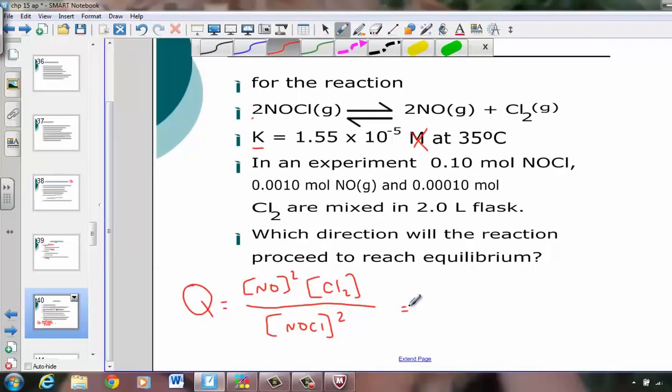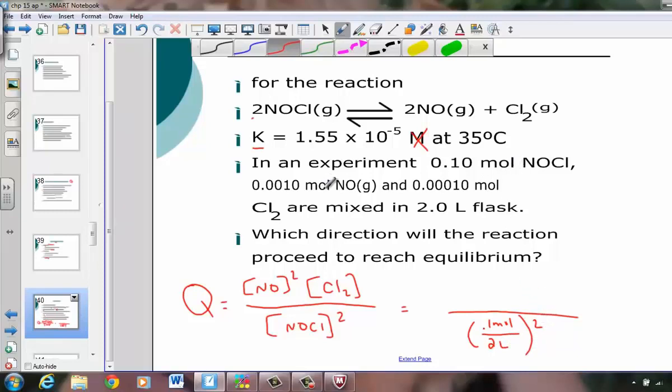What goes inside, we know those brackets stand for molarity. So NOCl is the bottom number. It's the first number given to us, 0.1 mole in a 2-liter flask, there's its molarity, moles per liter, which of course needs to be squared.